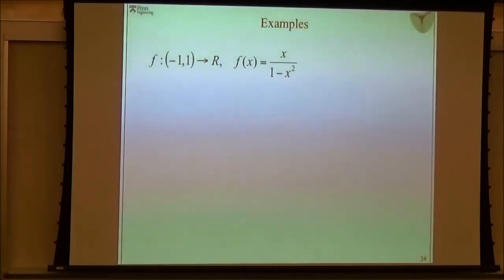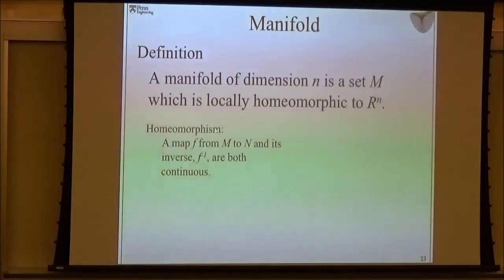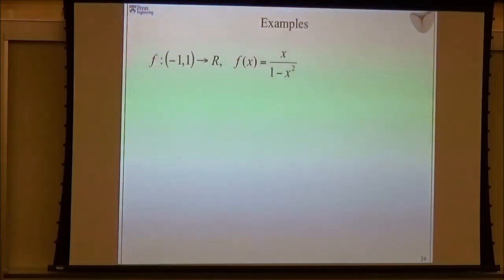But notice that I'm not including -1 and 1. So what can you say about this function? Going back to my definition of the homeomorphism, is this function a homeomorphism?